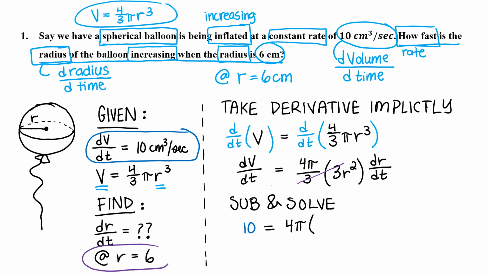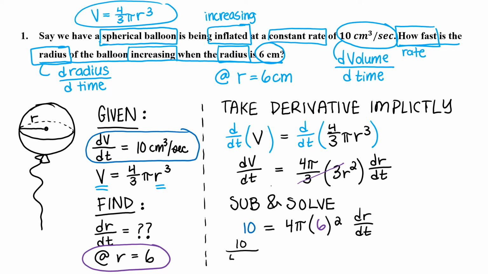R is equal to 6 at this one particular moment. And we don't know dr/dt, but luckily that's what we're trying to find, and right now it's the only thing that's left. So we'll divide both sides by 4 pi times 6 squared.